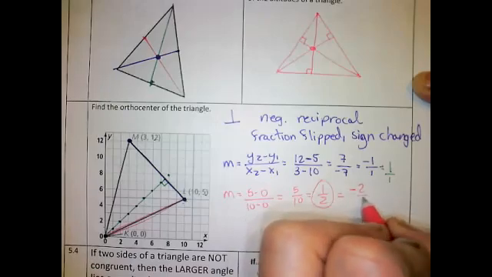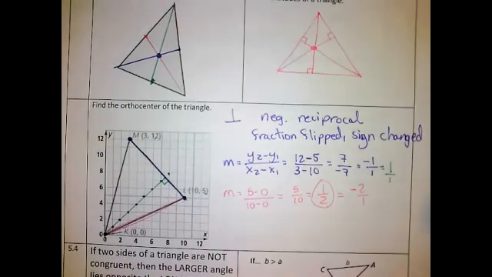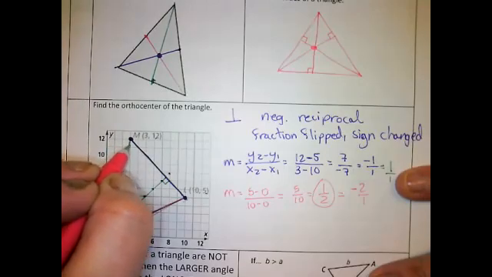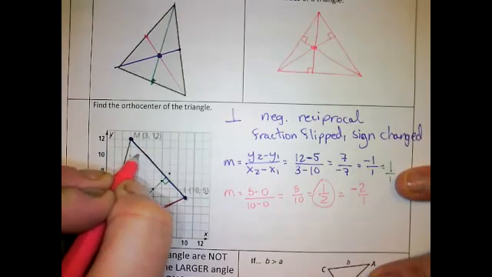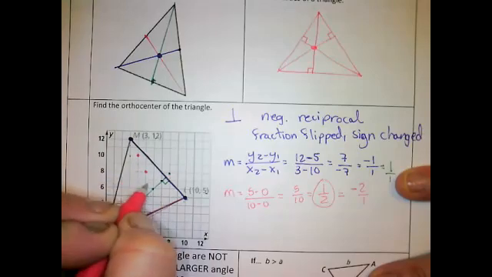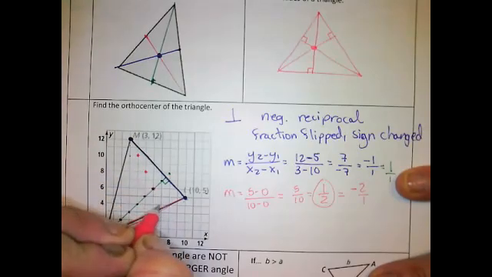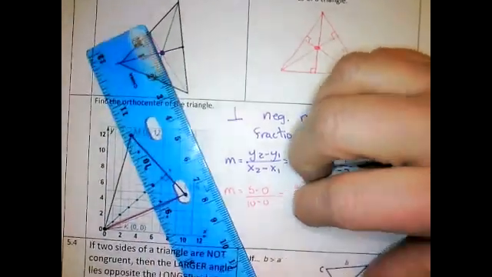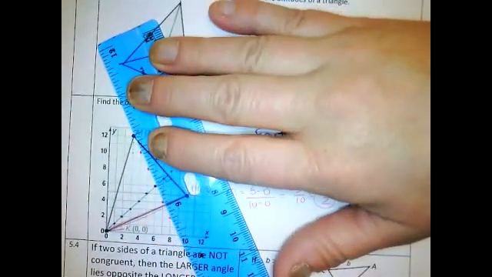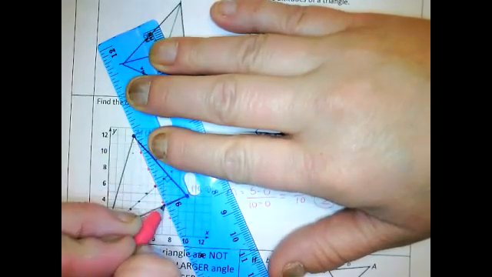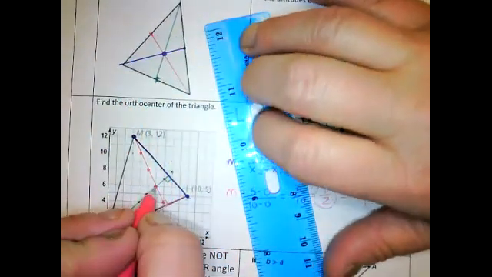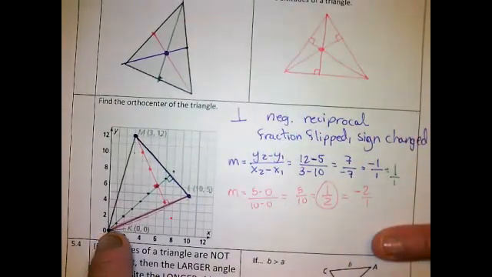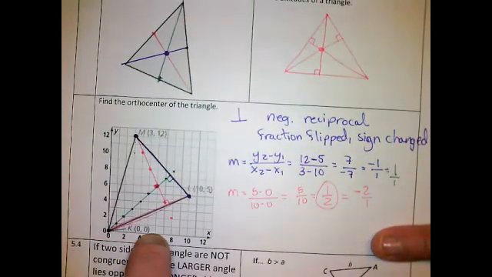So I'm going to get negative 2 over 1. So from this opposite vertex, I need to go down 2 over 1, down 2 over 1, until I have at least intersected that opposite side. So that would be right there. So I'm looking at my orthocenter being at the location, it looks like 6, 6.